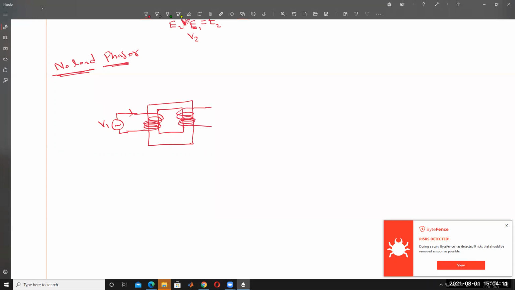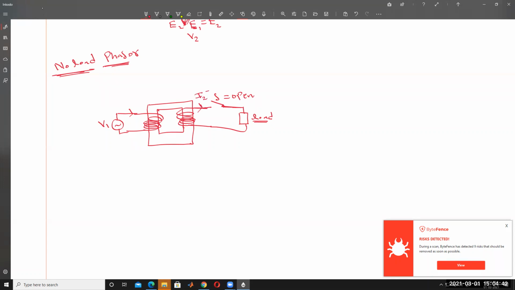Under no load condition, for example, this is the switch, and this is connected as a load. If the switch is open, the current drawn by the load is equal to 0. This is called current I2.